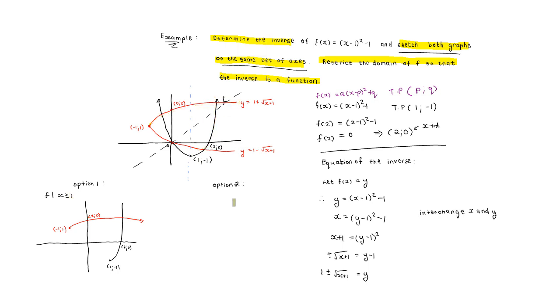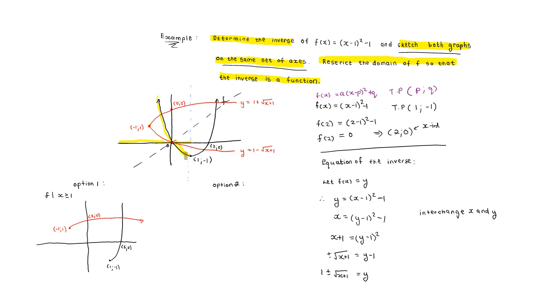Option number 2 is to go to the x value of the original graph at the turning point, which is x equals 1, and consider all the x values to the left of that point. So if you graph all the x values to the left of that point, you're graphing this arm that I'm highlighting right now.